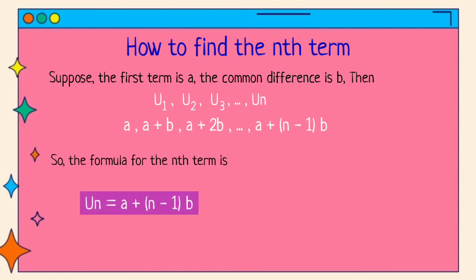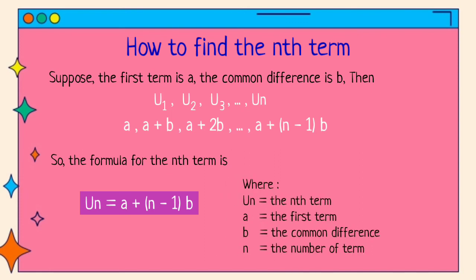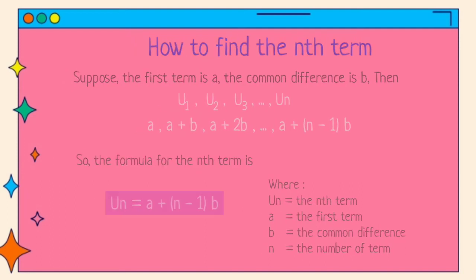So, the formula for the n-th term is u sub n equals a plus quantity of n minus 1 times b, where u sub n is the n-th term, a is the first term, b is the common difference, and n is the number of terms.